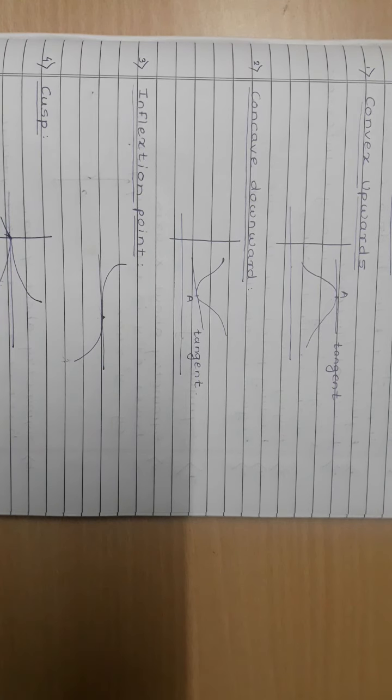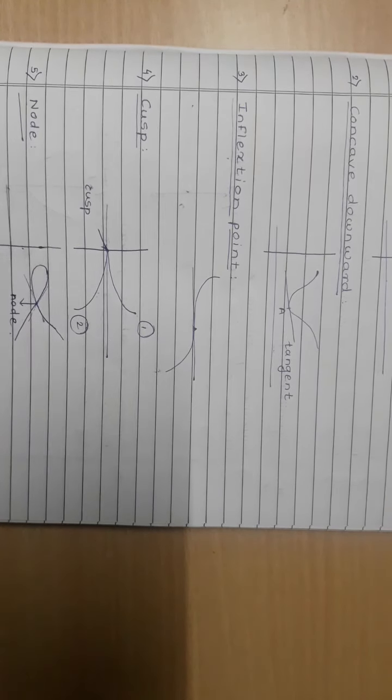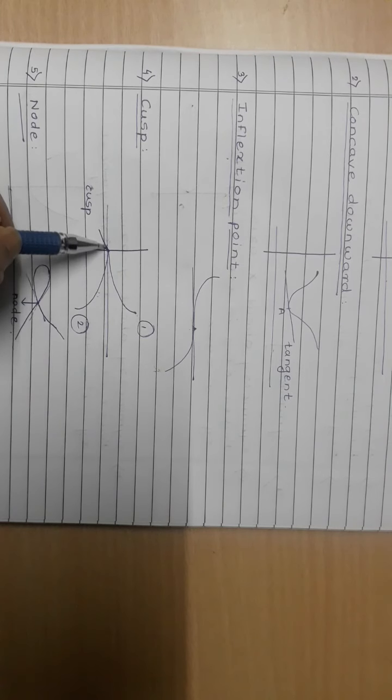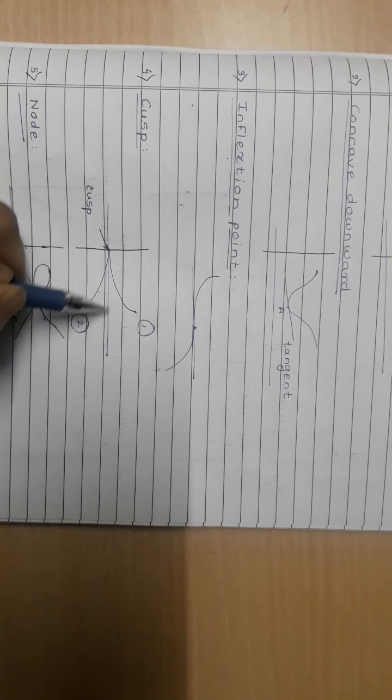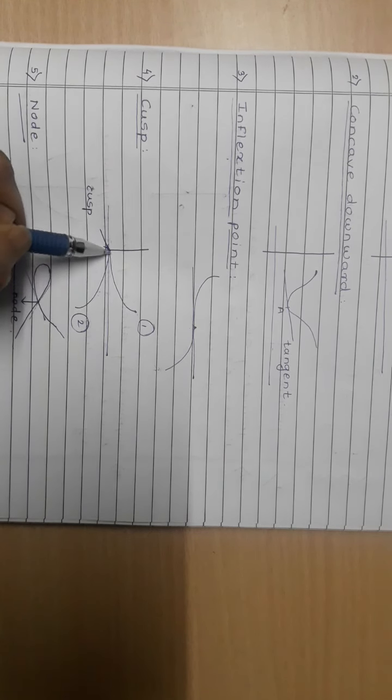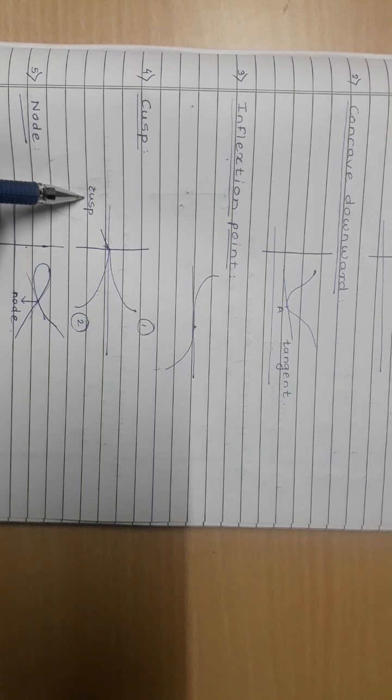And then the next thing is cusp. Okay, suppose I have two curves here. This is my first curve and this is the second curve. Now you can see that for these two curves, this is the common point. So if at a common point the tangents to the curves are coincident, then I am going to say that this point is a cusp.